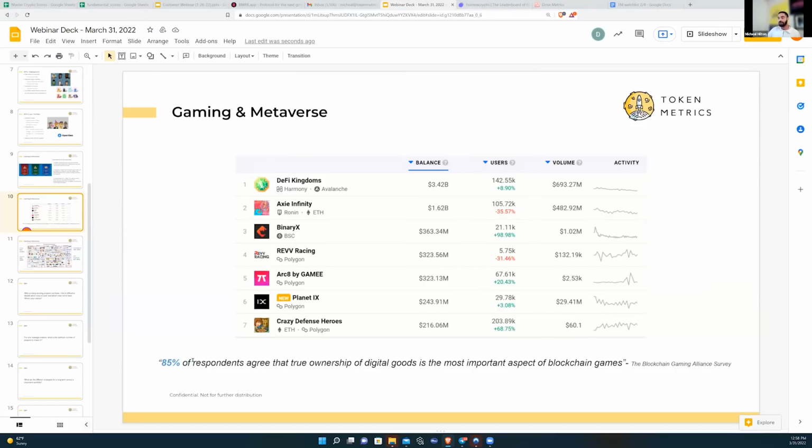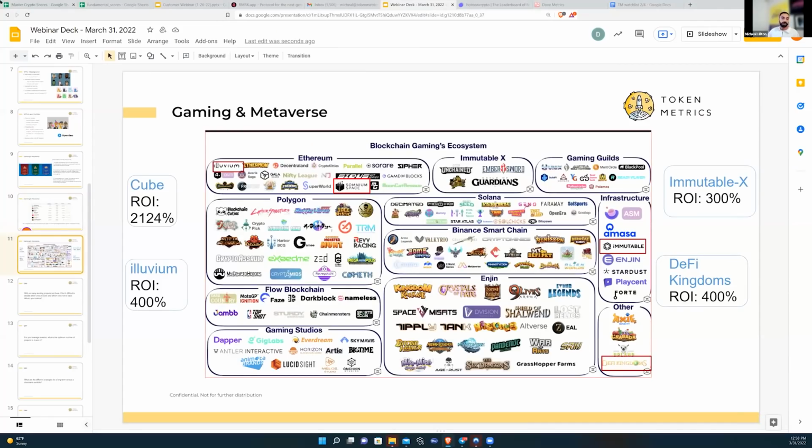85% of all respondents that have played games in the past agree that true ownership of digital goods is important, and this is something that blockchain-based gaming is providing to the industry. Some important picks that we found here at Token Metrics spread across various sectors.